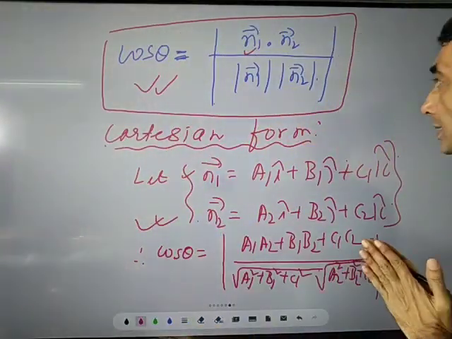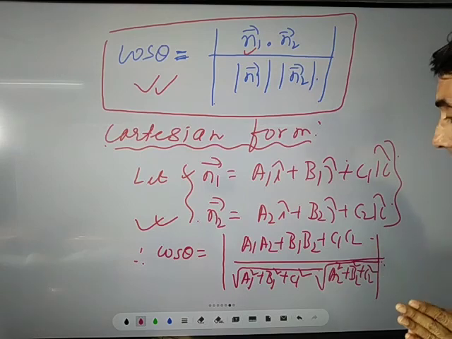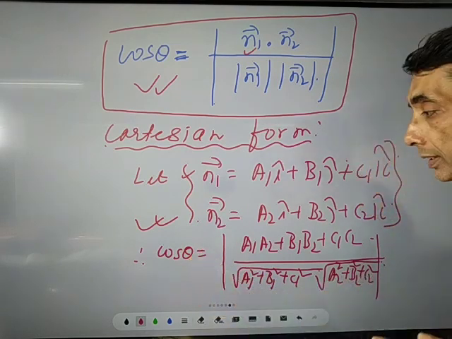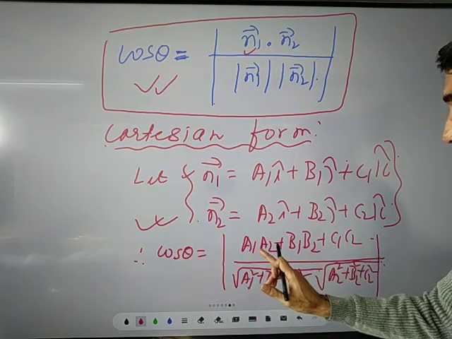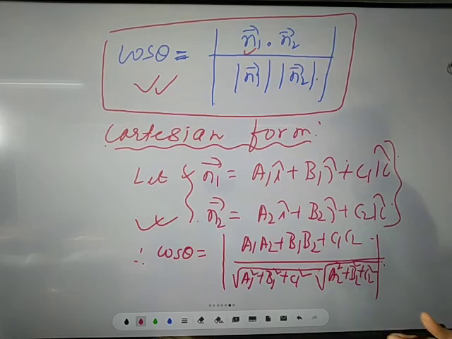If two planes cut at right angles, in that case theta will be 90 degrees, that means cos 90 will be 0. So in that case, a1 a2 plus b1 b2 plus c1 c2 will be equal to 0.